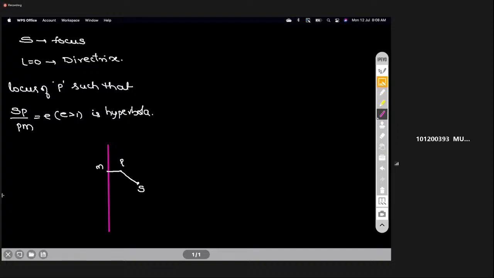Now this is plane geometry, nothing more. So first I'll draw a line perpendicular to the directrix through the focus. That is the first step. Then take two points A, A prime on this line.